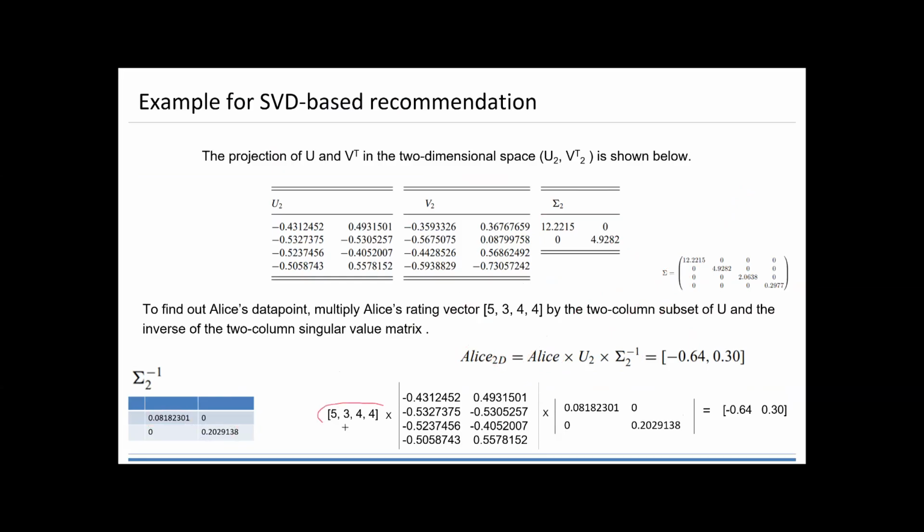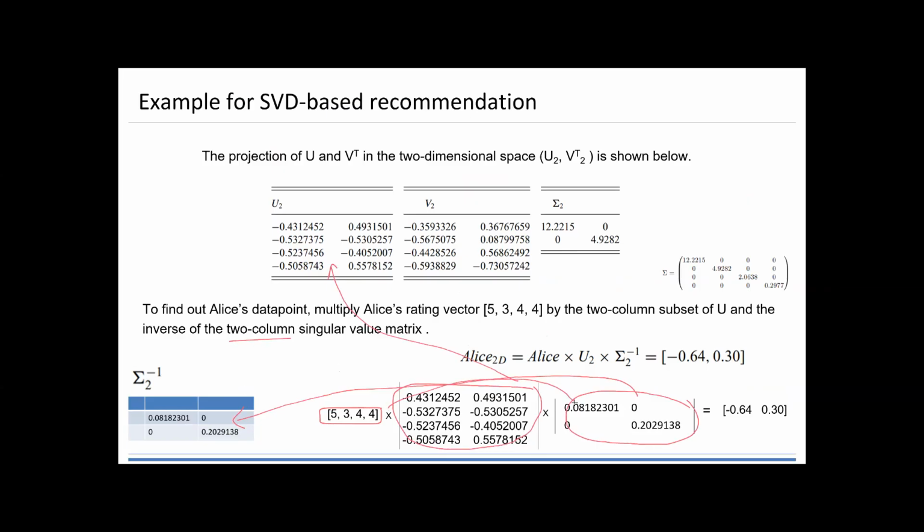We have the rating from Alice, 5, 3, 4, 4, and we use the U obtained by the matrix factorization and multiply with the singular value matrix for 2 columns only.